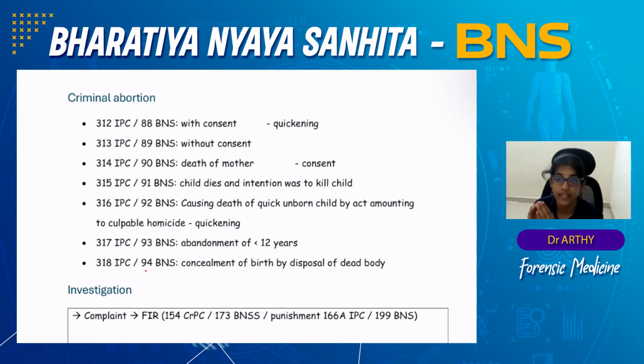Now in custodial rape, if the female survives, she will fall under section 64. Section 64 has sub-sections 1 and 2. In 2, they will consider it as aggravated sexual assault. That's all, but it will be under section 64 only. So custodial rape is still under 64 only.